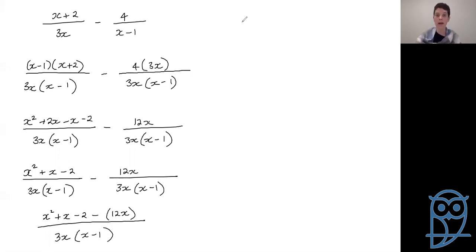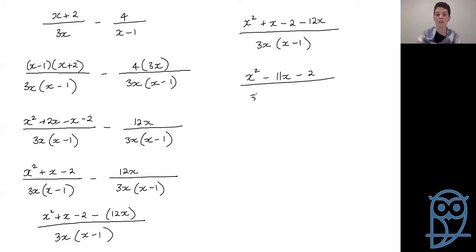So then we open the bracket. X squared plus x minus 2 minus 12x all over 3x, x minus 1. Combine like terms, x squared minus 11x minus 2 over 3x, x minus 1.